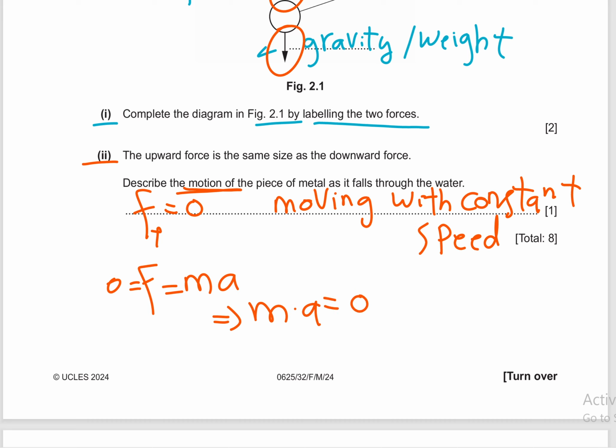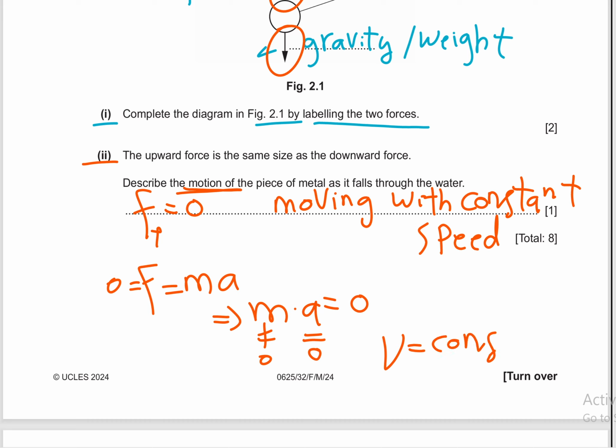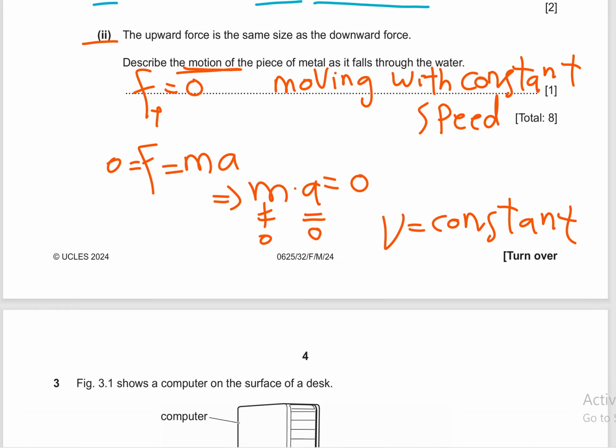And we all know the mass is not 0, the mass couldn't be 0. This means that only the acceleration will be 0. Since the acceleration is 0, this means that the speed is constant, because we know the acceleration is the change of velocity, right? I hope it's clear.